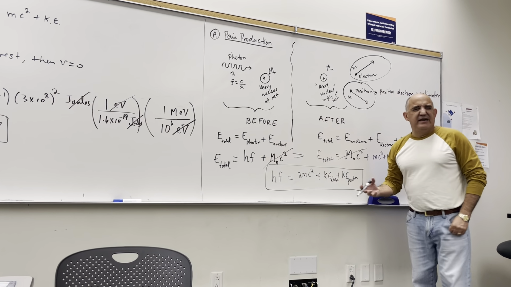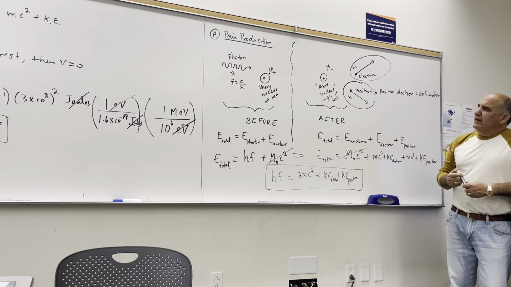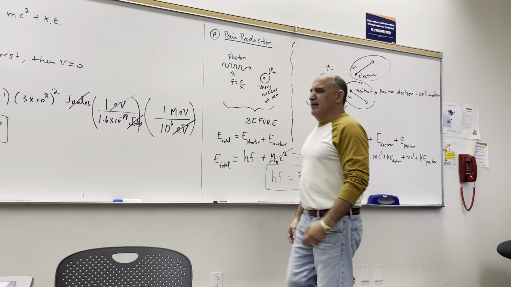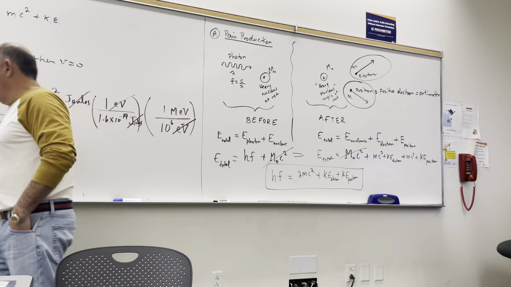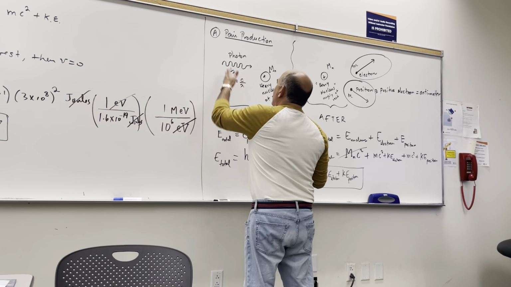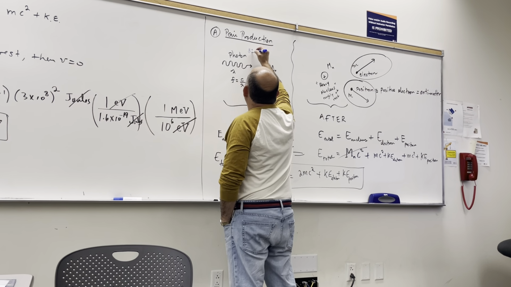I like to think of this event like this. A photon comes in with $2 million.